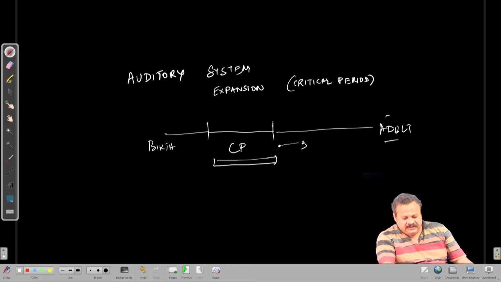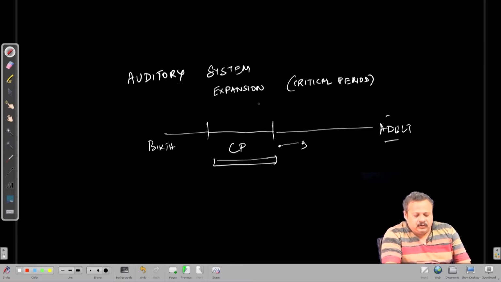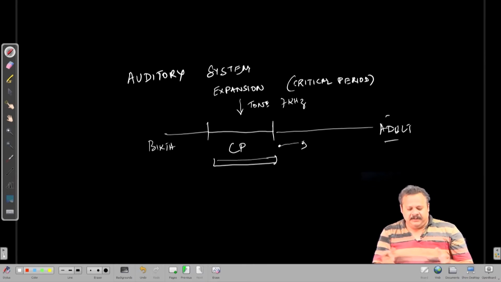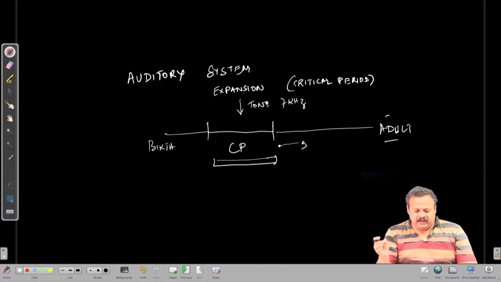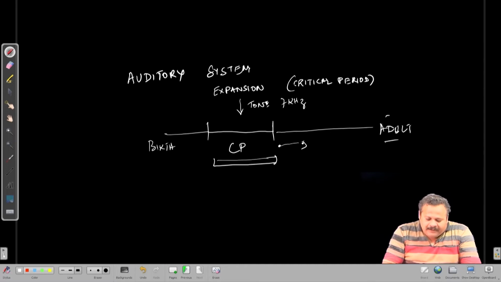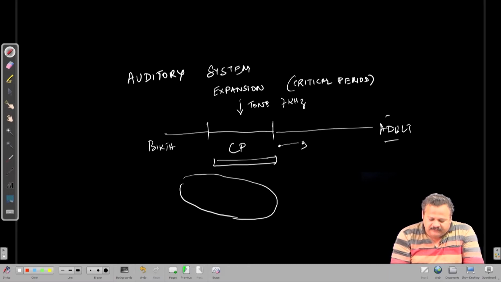So, in the auditory system, this map expansion has been shown as follows: if we present a particular frequency tone, let us say a 5 kilohertz or 7 kilohertz tone, continuously during the critical period, like tone, gap, tone, gap, tone, then what happens is that in the adult, when you look at the tonotopic map in the primary auditory cortex, if you remember, there is a low frequency side on one side and the high frequency representation on the other side, and the medium frequencies in between.